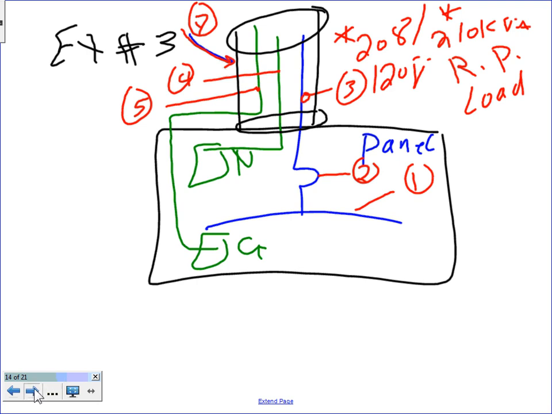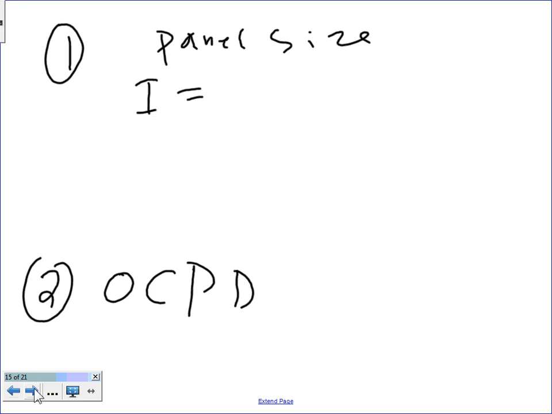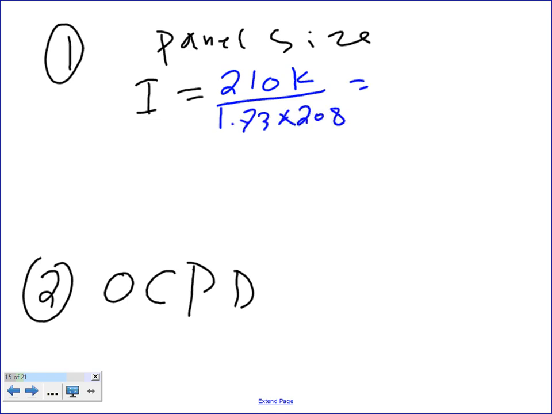Okay, let's go size. The first thing we need to size is the amps. We have 210K divided by 1.73 times the 208 system that we have. That will give me 583 amps.